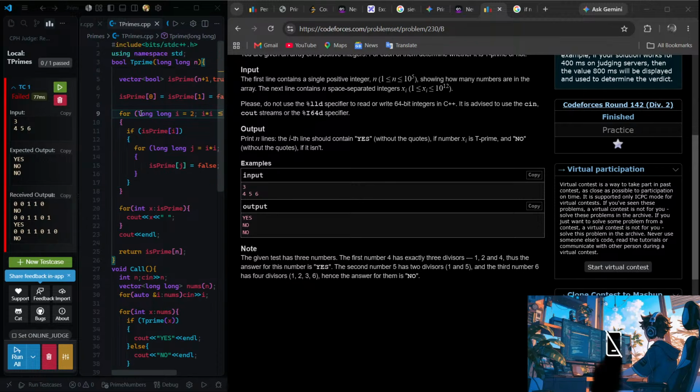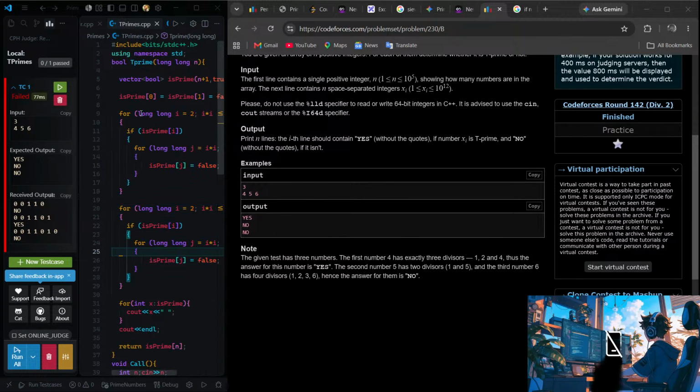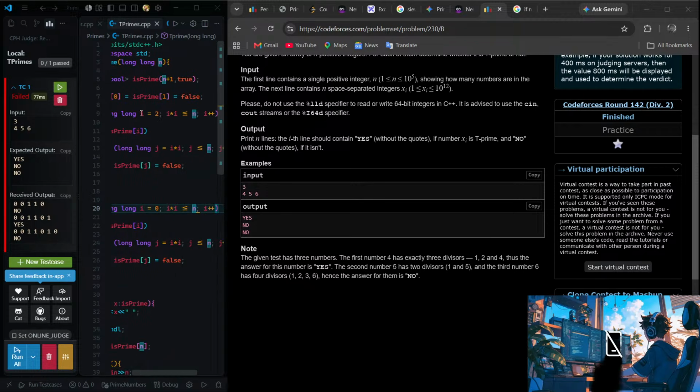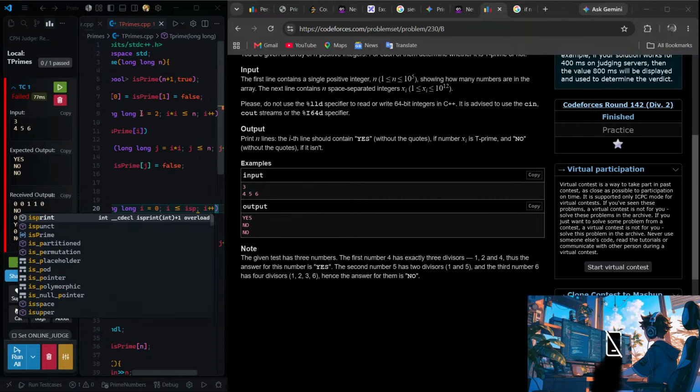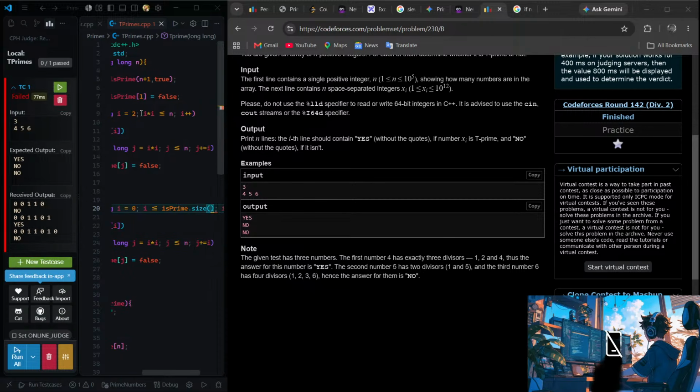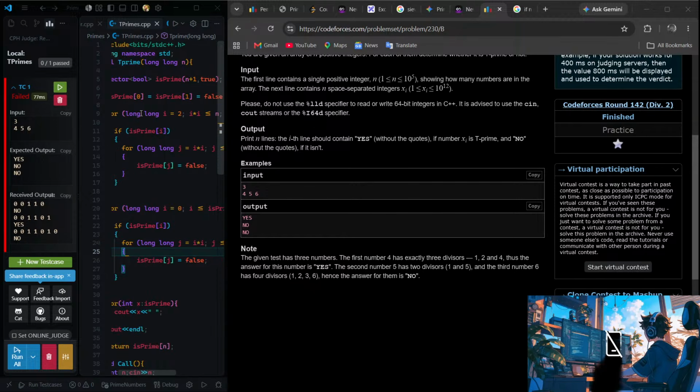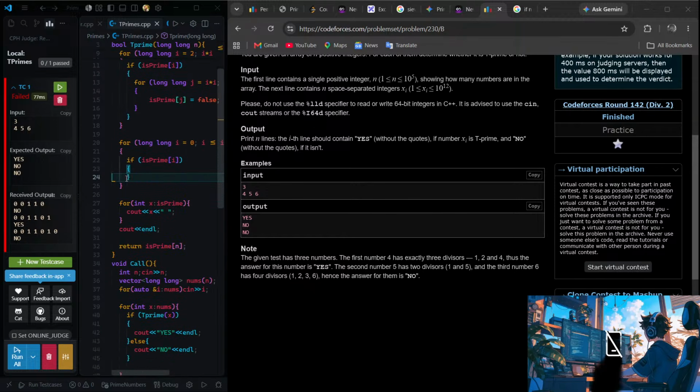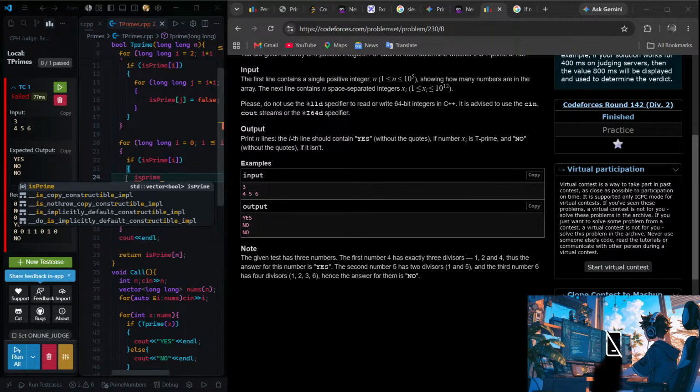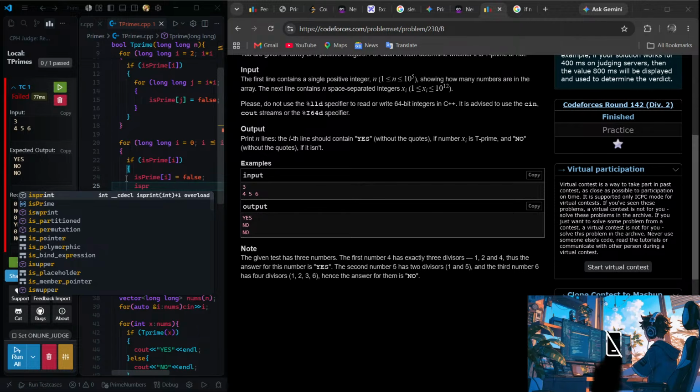Now if I copy this, i is equal to 0 still, i is less than isPrime.size. I go till that point, and if this is a prime number, I mark isPrime[i] to be false because this is not a T-prime, and isPrime[i into i] to be true.